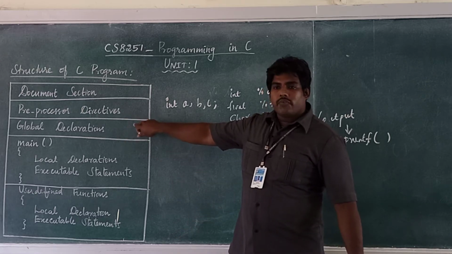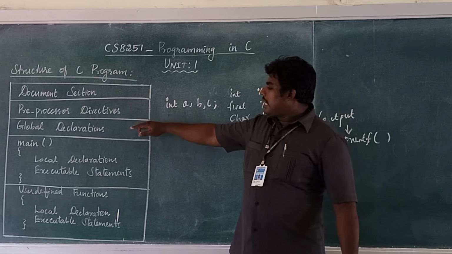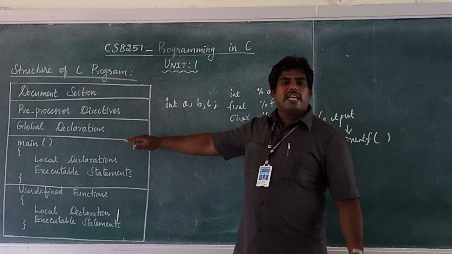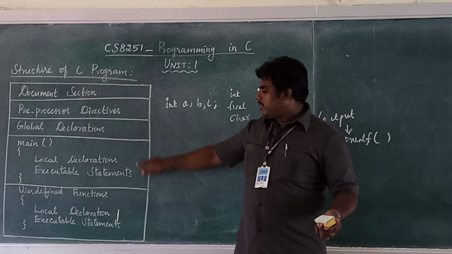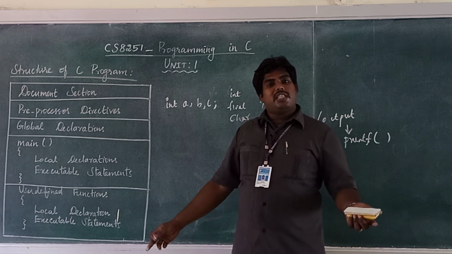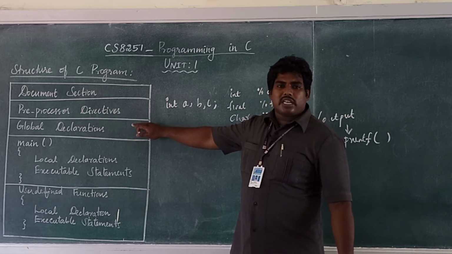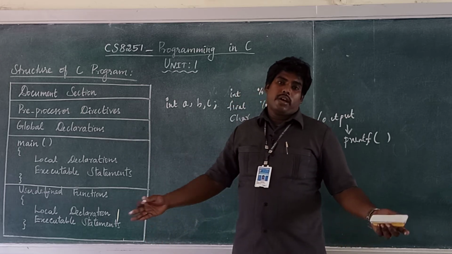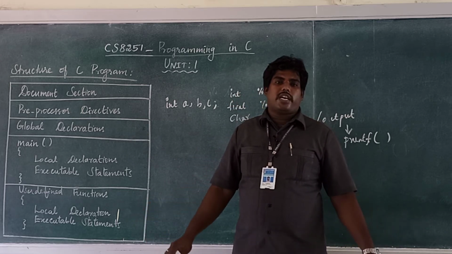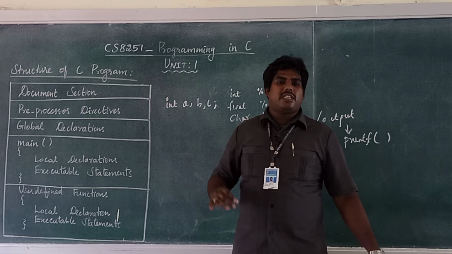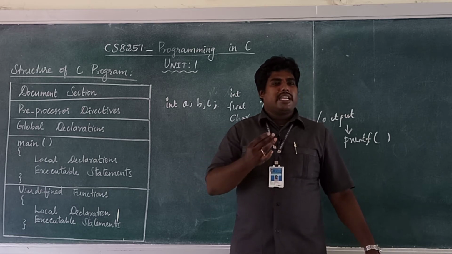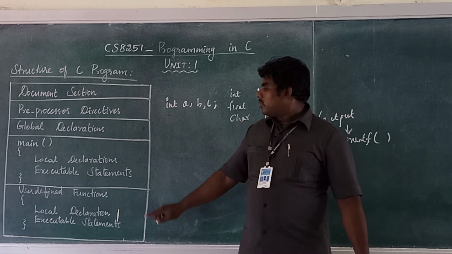Global means, if you declare it here, the lifetime or the existence of the variable is throughout the program, till the end. From the first line to the last line, I can access the variable anywhere. That means I can print it or use it for any other purpose.